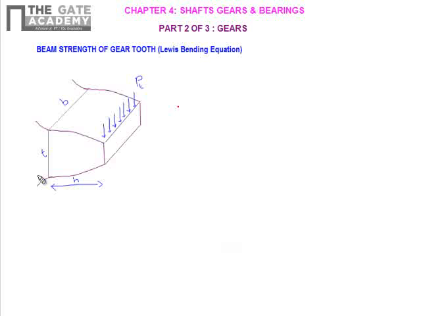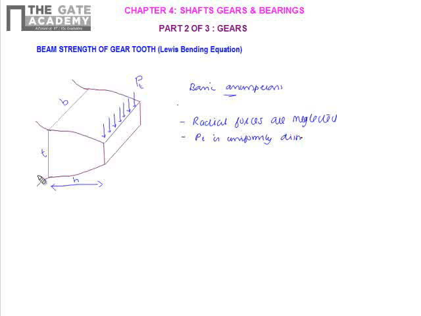So to start with, the basic assumptions in the Lewis equation are: the effect of radial forces is neglected, and it is assumed that the tangential force is uniformly distributed along the width of the gear.